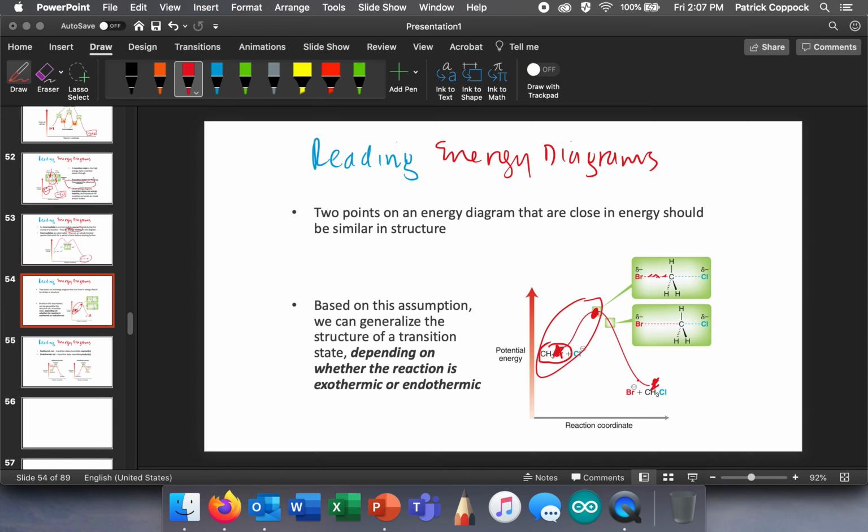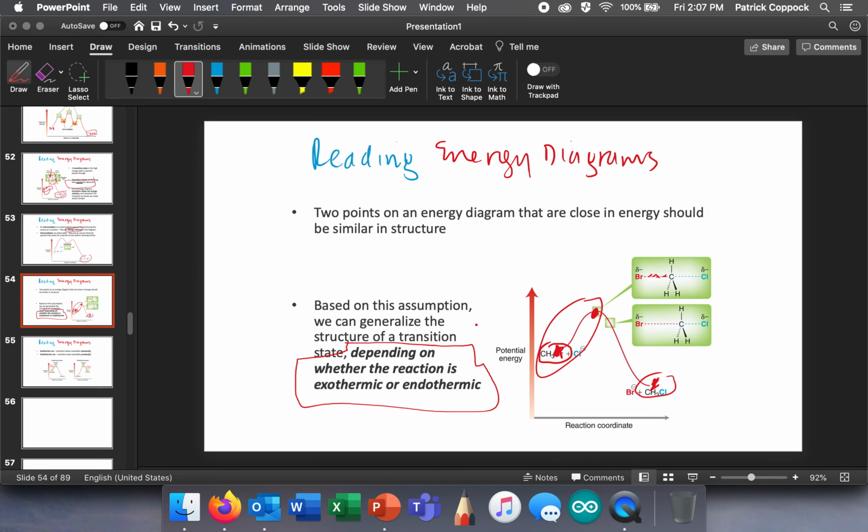As we get closer to the chloromethane, as we get closer to the product, the bromine bond is going to be getting longer and the chlorine-carbon bond is going to be getting shorter, more like the actual equilibrium carbon-chlorine bond length. Depending on this assumption, we can generalize the structure of a transition state depending on whether the reaction is exothermic or endothermic, that is, which one it's closer to.